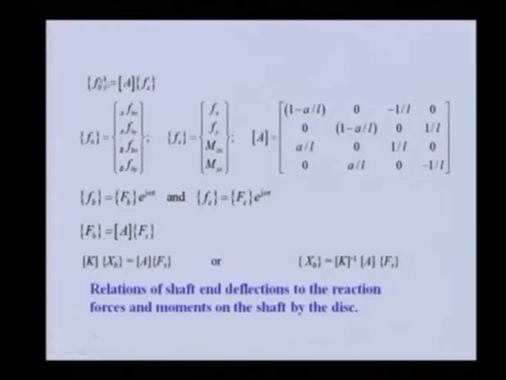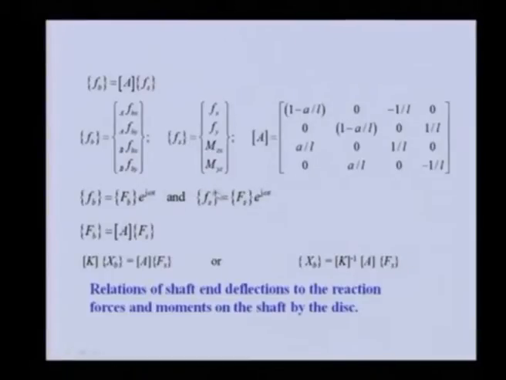So, this relation relates the bearing force with the shaft reaction force from the disc. Again this bearing force we can write in terms of the amplitude and phase information and the harmonic term. The shaft reaction force coming from the disc obviously has the frequency of the spin speed because it is coming from the unbalance, and this is the amplitude and phase of the shaft reaction force.